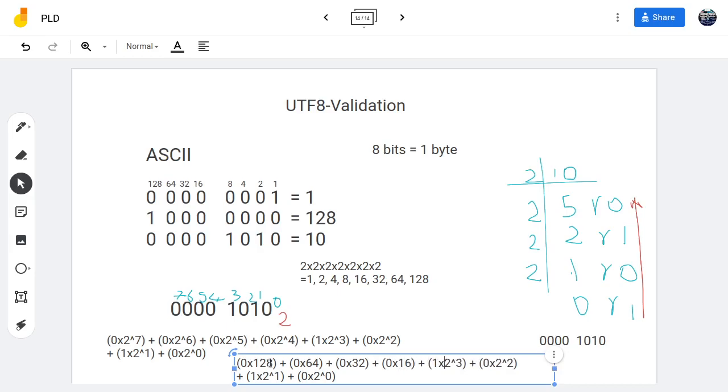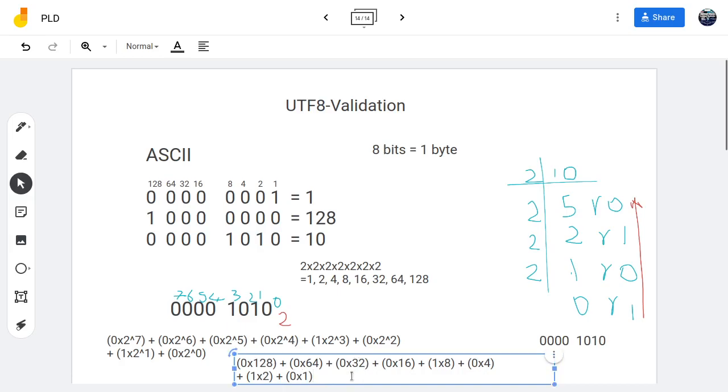And here is going to be 0 times 8. And 0 times 4. And 0 times 2. And 0 times 1, because anything raised to the power of 0 is 1.